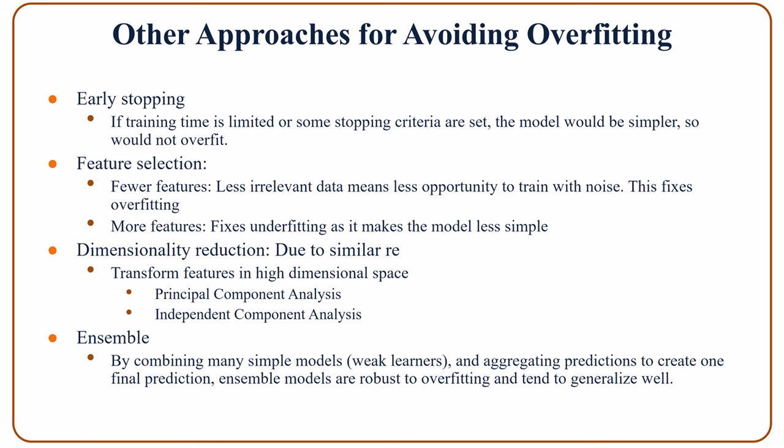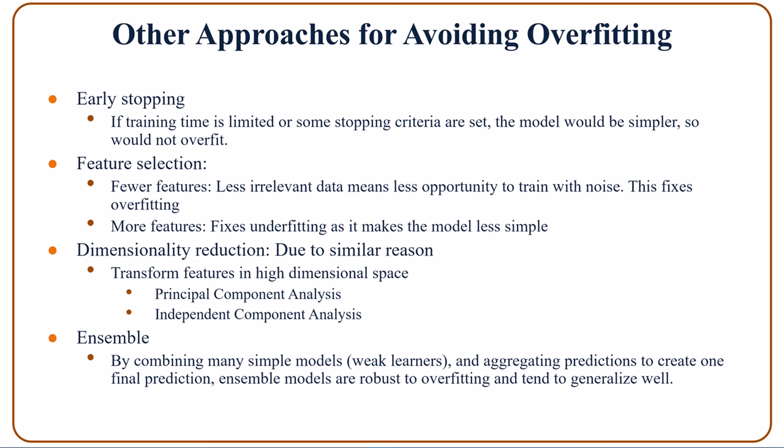The idea is that less irrelevant data would mean less opportunity to train the model with noise. So this would fix overfitting. Or we may have more features for fixing underfitting because it would make the model less simple. This approach is called feature selection.